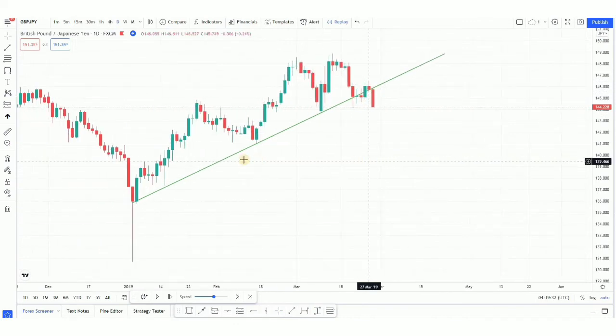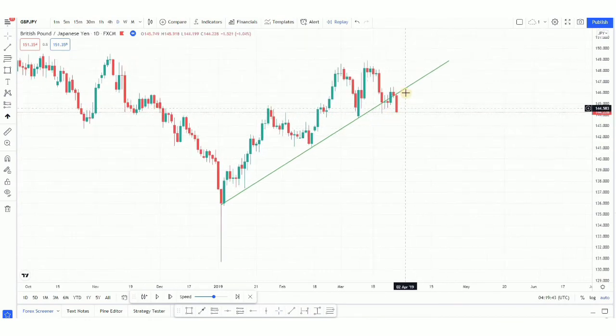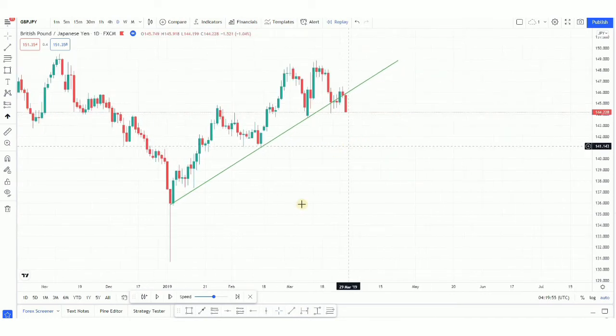So now I can see that price has violated this trend line. What I'll be looking for is that price should come and retest this trend line, then I'll take the trade. If not that, price should come down, retest this zone, then I'll take the trade. All right, so let's see how it goes.